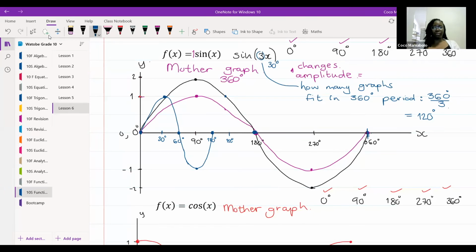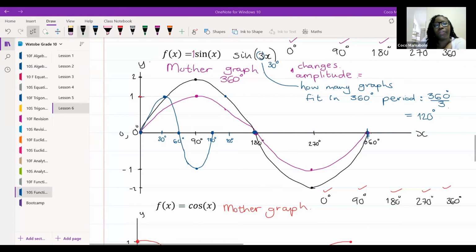All right. Thumbs up if this makes sense. Yes, Tiana. Ma'am, if it was a 5 or 4, 6, was it also going to be like 6 graphs in there? Yes, absolutely.